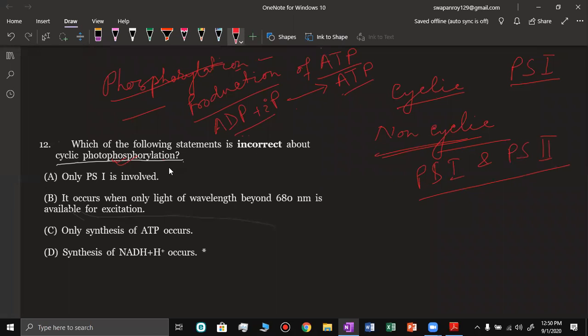Our question is related to the cyclic photophosphorylation. Here the statement is that only PS1 is involved, so it is correct for the cyclic photophosphorylation. It occurs only when light of wavelength beyond 680 nm is available for excitation.